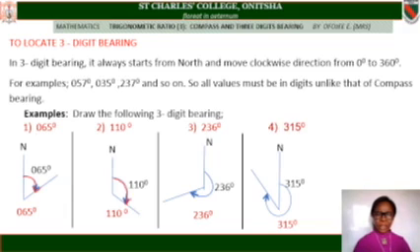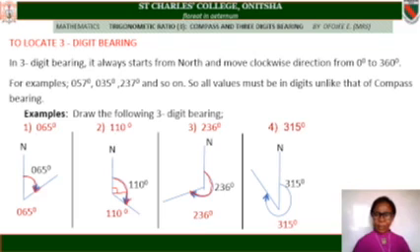The next one is 236 degrees. You actually see the arrow again from north moving. It has exceeded 180 degrees and is moving towards 270, but it didn't get to that. And that's why you see the arrow stopping there.